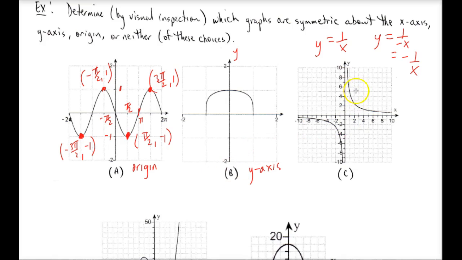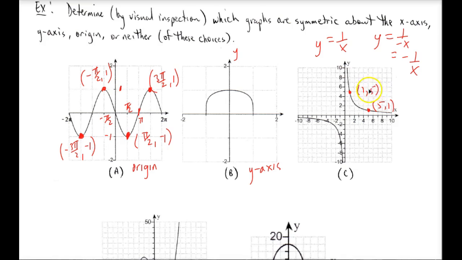For this one, an easy point to pick would be this point right here, which would be the point 1, 5. And another easy point would be this one right here, which would be 5, 1.